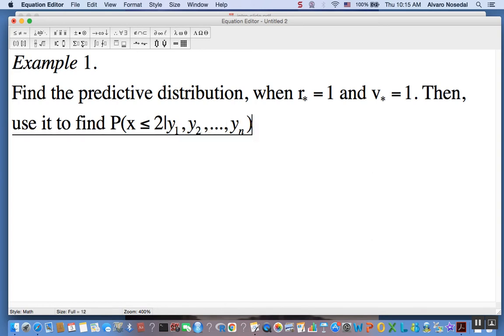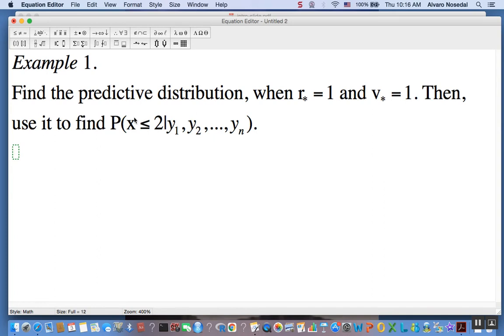Make sense? So we have a future observation. We know that it could be 0, 1, 2, 3, and so on. This x represents a single future observation.